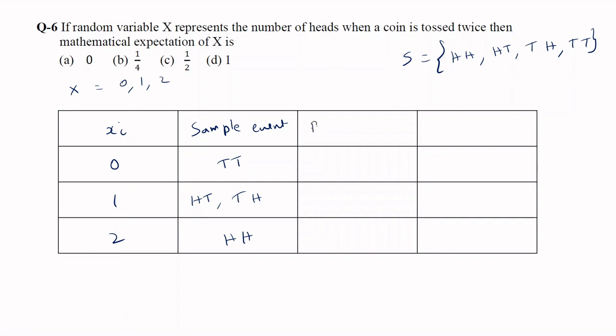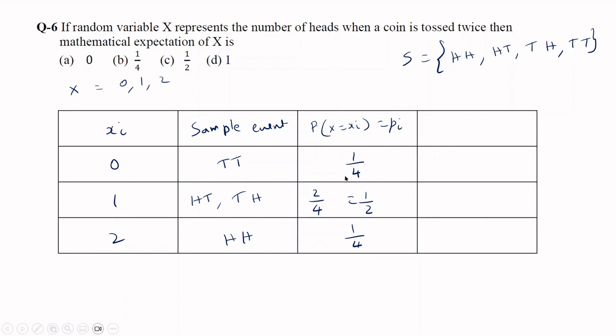Next let us find the probability of x equal to xi, which is pi. The probability of getting both tails is 1 by 4, as there is only one favorable outcome out of a total of 4. The probability of getting one head, one tail is 2 by 4, which is half. The probability of getting both heads is again 1 by 4.